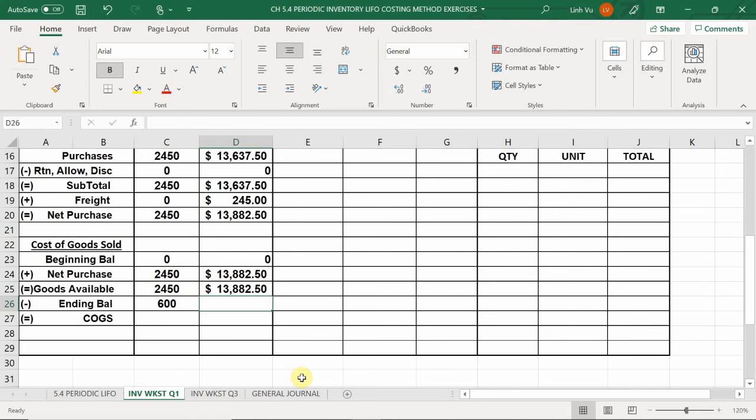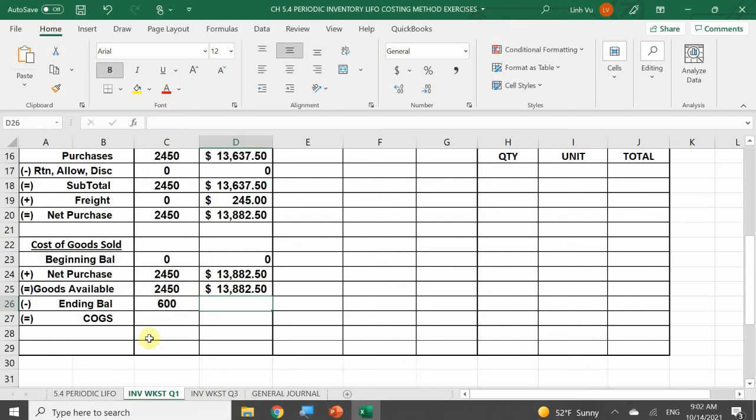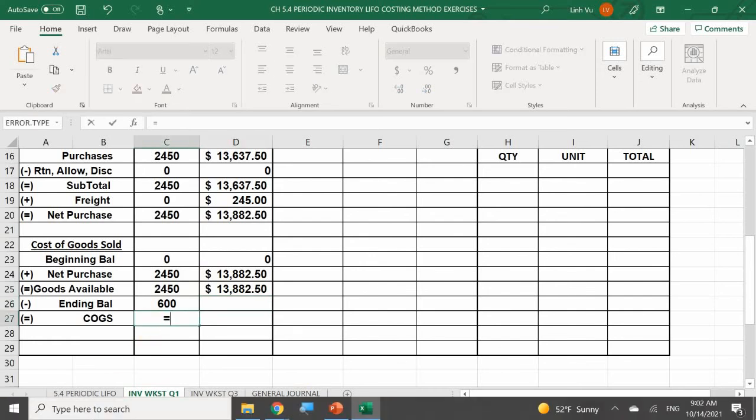If I started out with 2,450 units and I have 600 remaining, I must have sold how many units? 1,850. We must have sold 1,850 units.